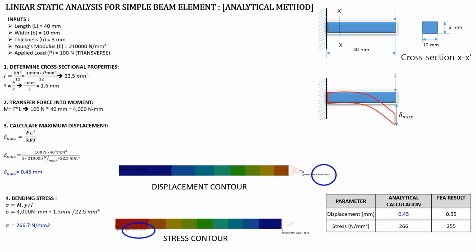This difference might be due to the element size or some other additional factors. So for this simple kind of loading system, we mostly prefer to solve using the analytical calculation method. If you have additional forces and a complex system, we'll go for the FEA result for more accuracy.